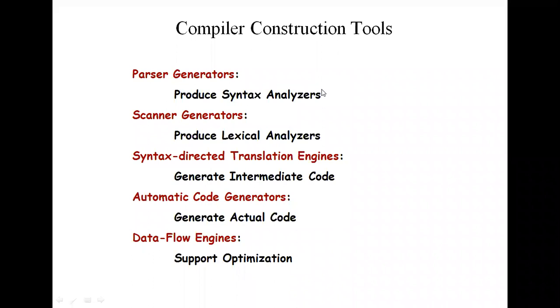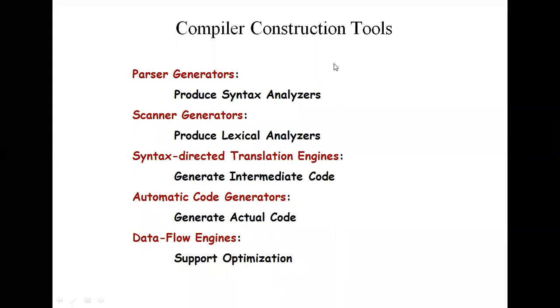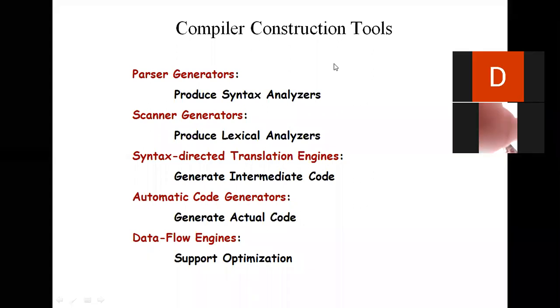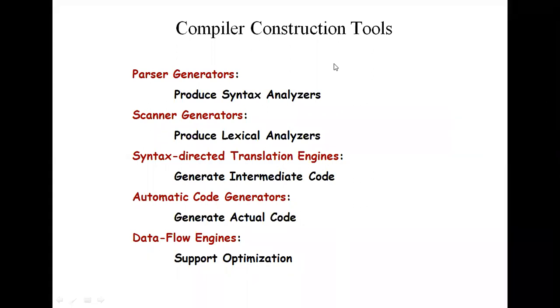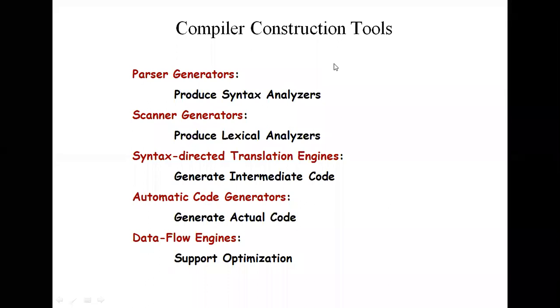And the next tool is an automatic code generator. These generators take an intermediate code as an input and convert each rule of the intermediate language into its equivalent machine language. That's what we did in the last class by seeing the translation statement example while implementing the process of compilation using various phases.